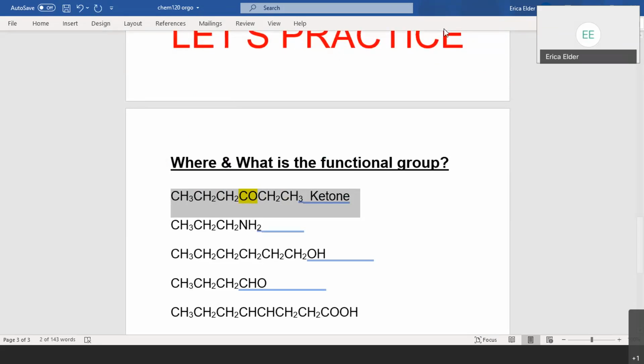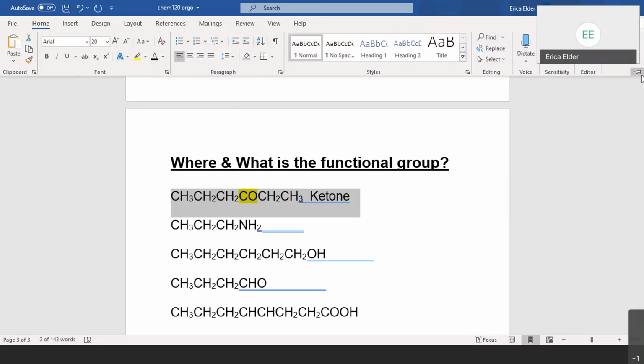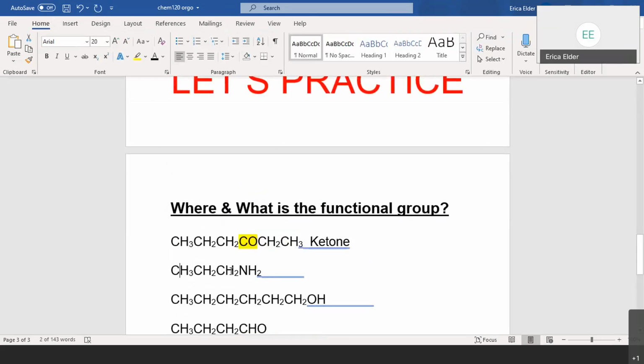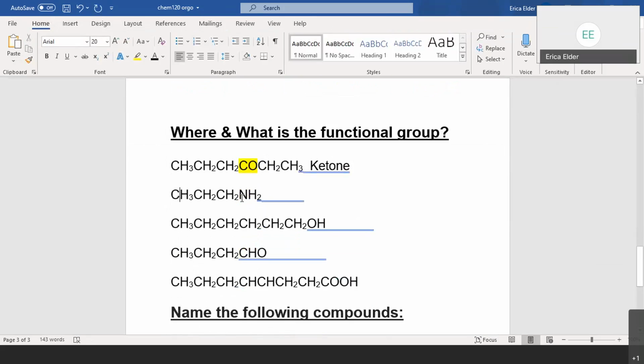Here we're going to have some items where we go all the way through and look at our chain. We know that we have carbon and carbon, but then after we get all the way to the end, I run into a nitrogen.